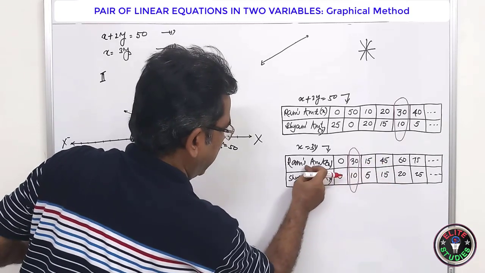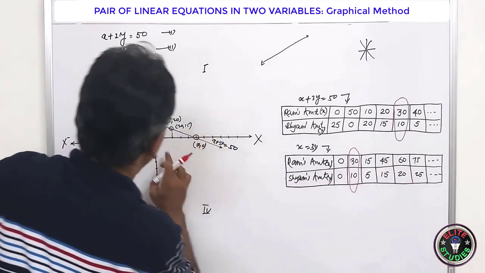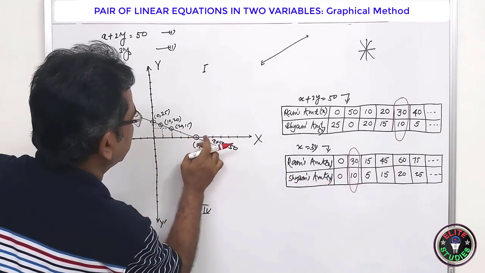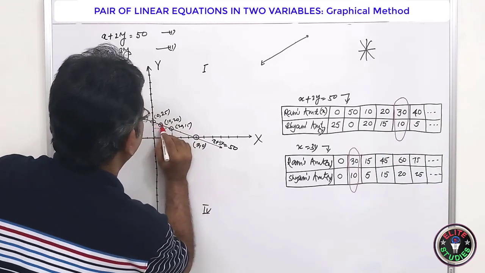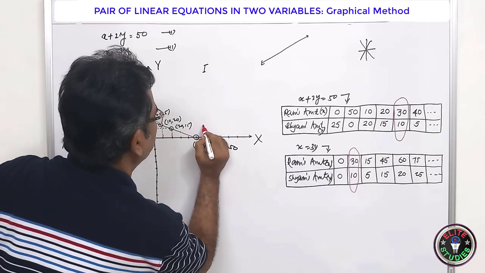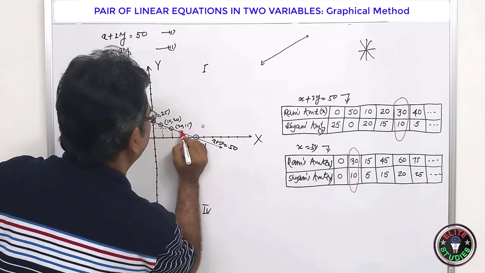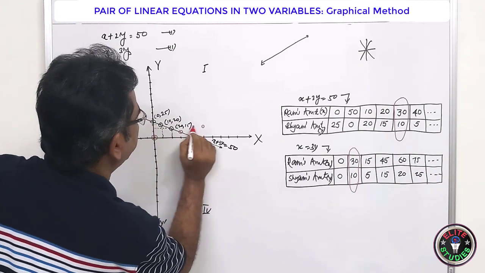Suppose x is 60 and y is 20. Going 10, 20, 30, 40, 50, 60, and it is 20. You see, it is coming here. It is 60 and it is coming to be 20.